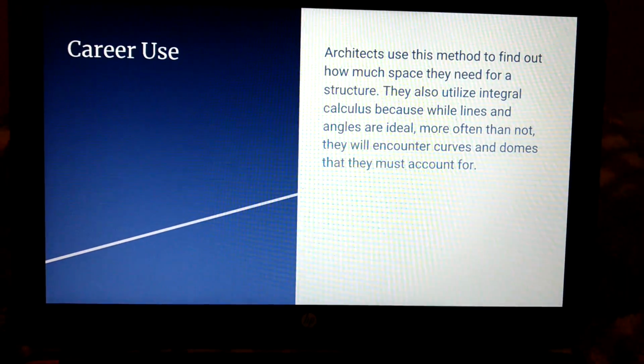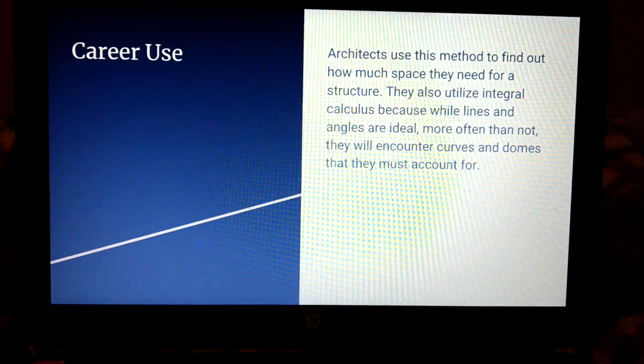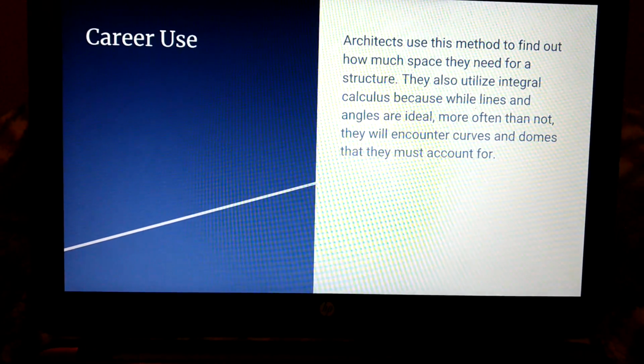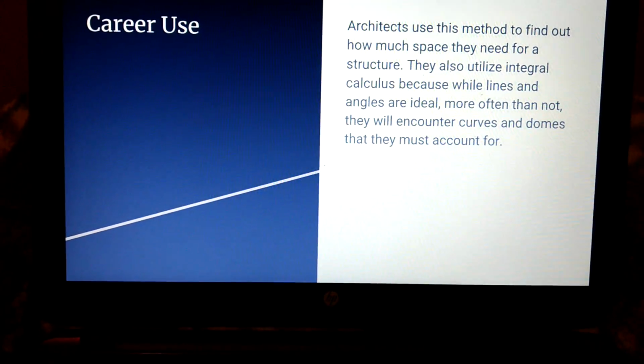So you can definitely use that to figure out how much space you're taking up with these different curves.